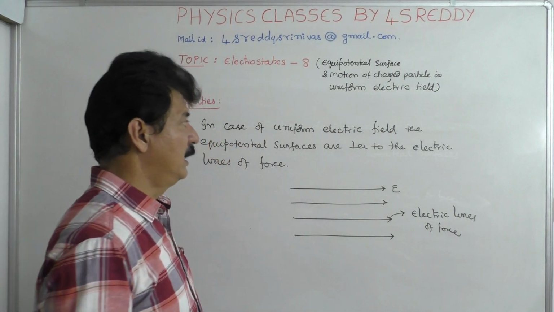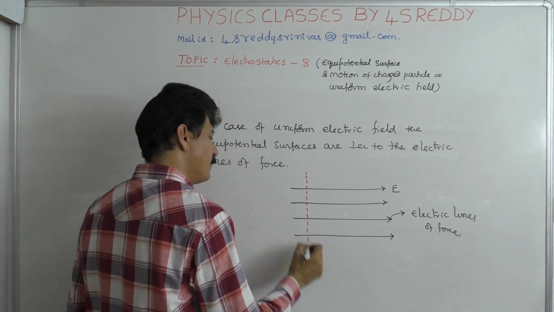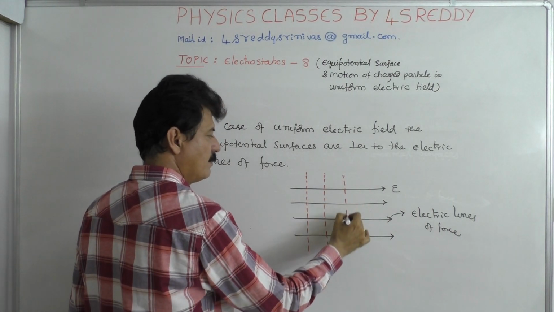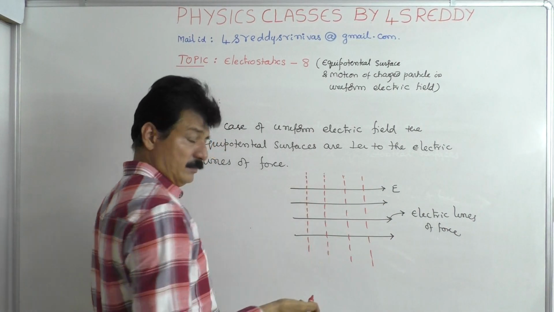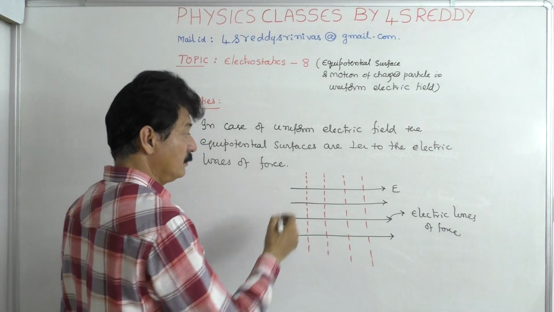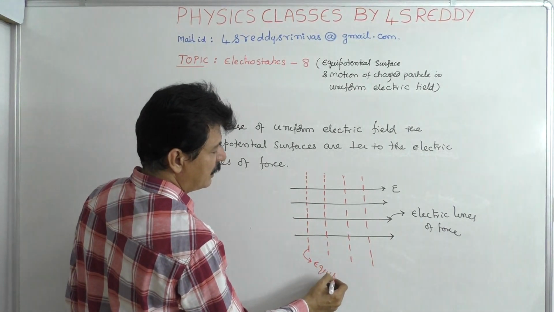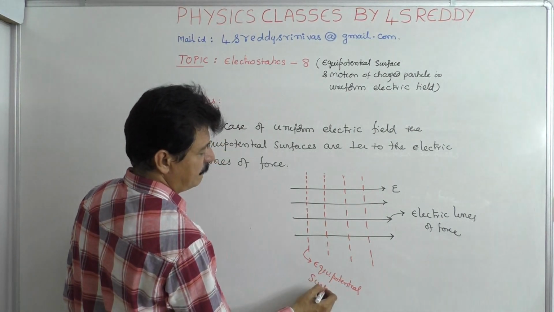Then the equipotential surfaces are always given like this, and these are the equipotential surfaces.